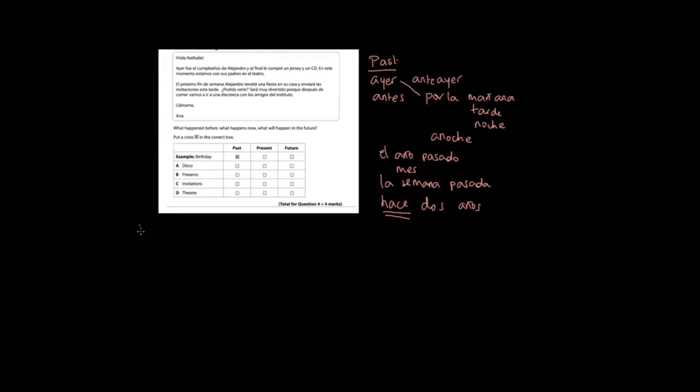If something is happening now, okay, present expressions, the most common are probably ahora, now, hoy, today, although be careful with hoy, because it could be that you've already done something today, okay? So it could be a little bit tricky because it could be present, it could be past, it could be future, because you may be doing something today. So be careful with hoy.